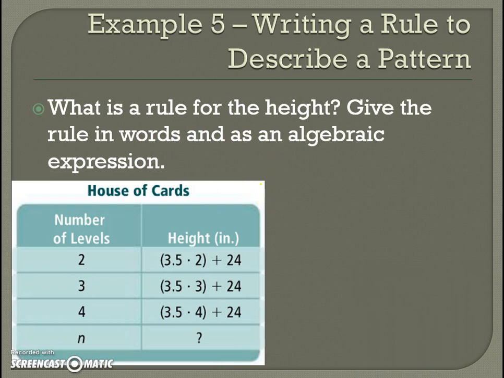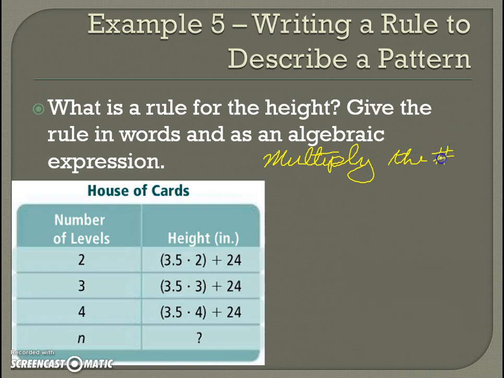So let's first talk about how we could write this rule in words. Here you could see it's 3.5. That was the height of the card, and that happens every time. Here we have the number of levels. So in words, the way you could say this would be to multiply the number of levels, and I'm going to write this.